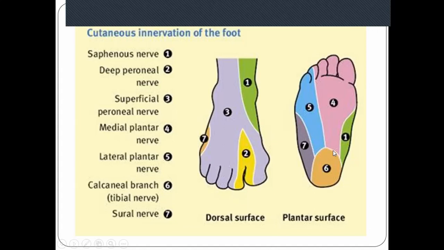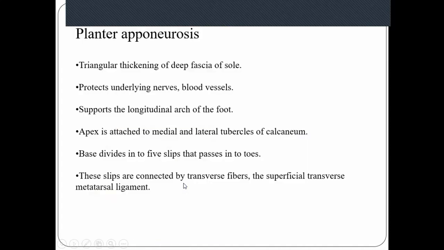And this heel area is supplied by the calcaneal branch of the tibial nerve. And this small area in the dorsal surface of the fifth metatarsal and the area responsible for the fifth metatarsal plantar surface is supplied by the sural nerve.